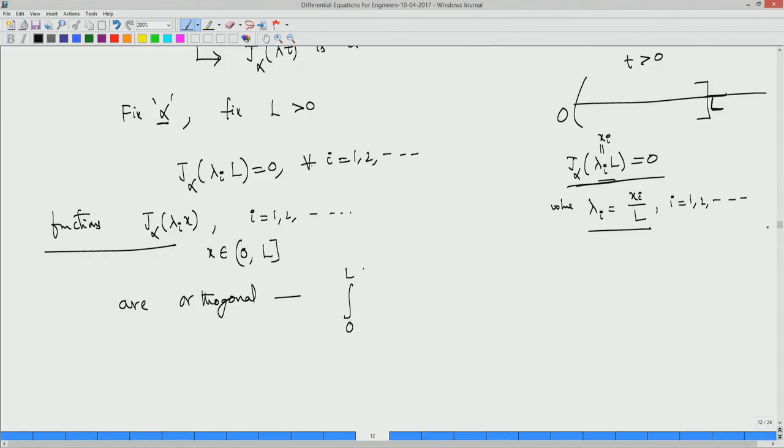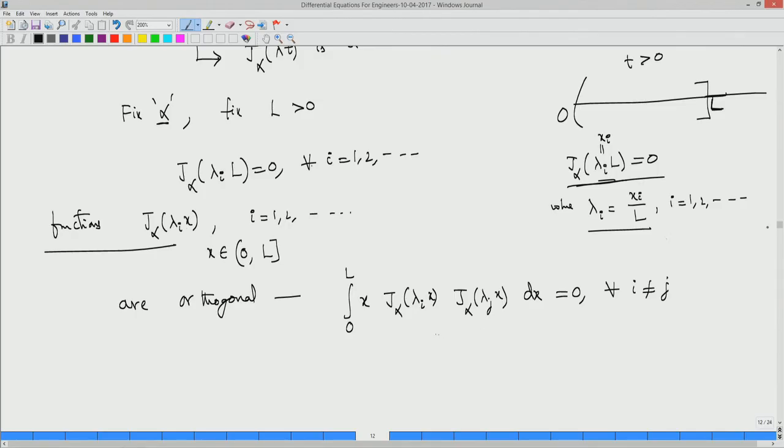The domain is 0 to L. Alpha is fixed: the integral of j alpha of lambda I x times j alpha of lambda j x, dx with the weight x, is 0 for every I not equal to j, whenever the lambda i's are different.